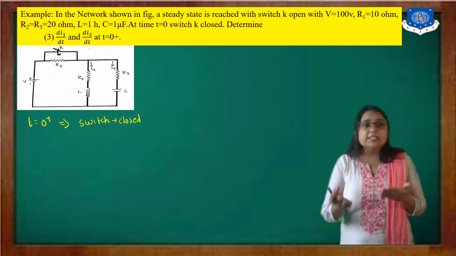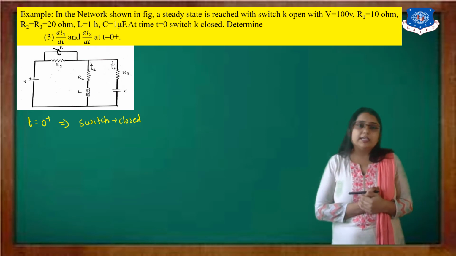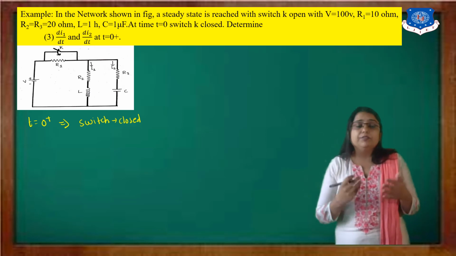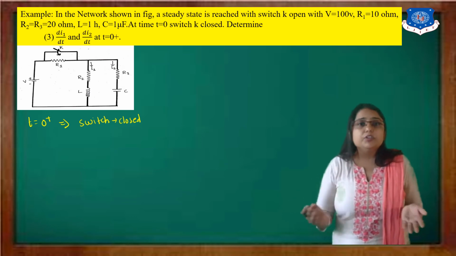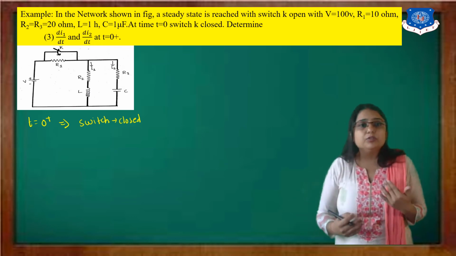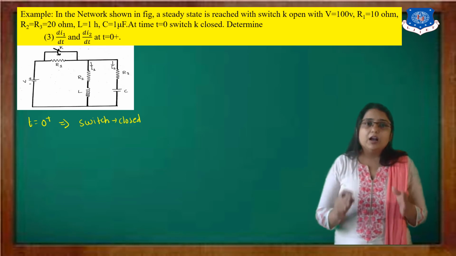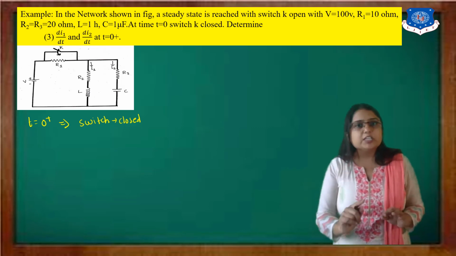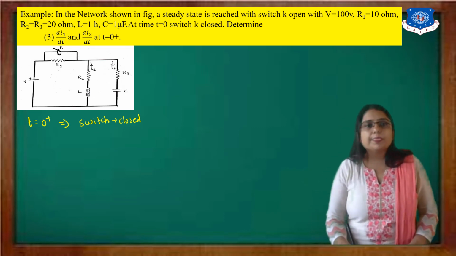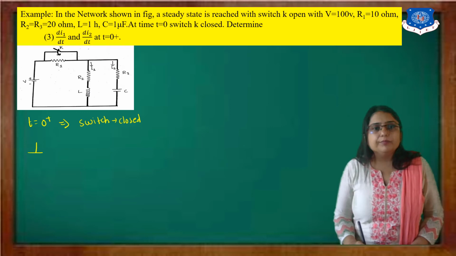So if we replace the inductor with a current source and the capacitor with a voltage source, then in the equations we do not have any term related to differentiation. So now we will consider our inductor and capacitor as they are, but our switch condition is closed. So you just draw the diagram.